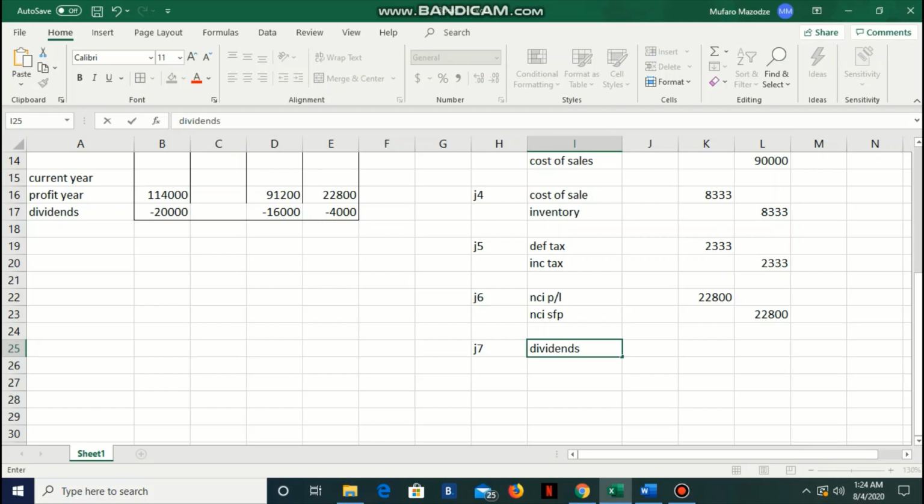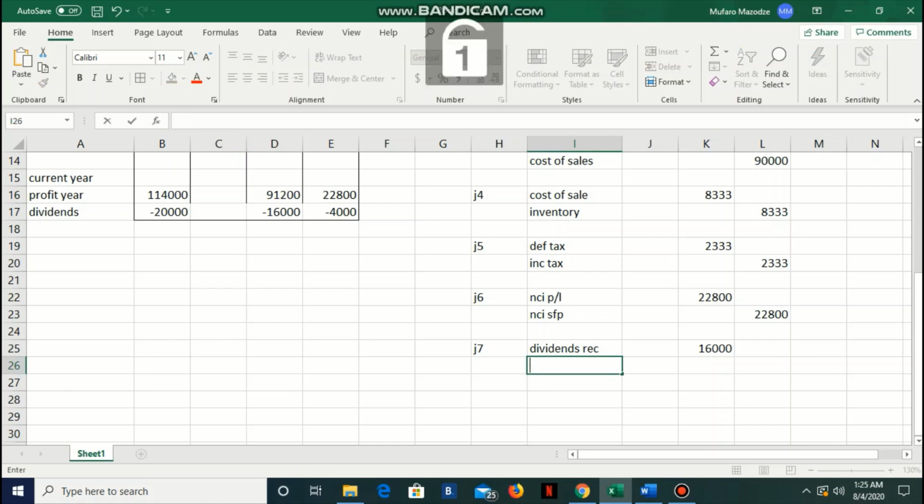Now, dividends received are always credited. Remember, income is credited, but because this is consolidation, we need to reverse this. The parent can't put in the consolidated statement of comprehensive income that they received 16,000 rand dividends from their sub. That's not how you do a consolidation journal. So that's why it gets reversed.